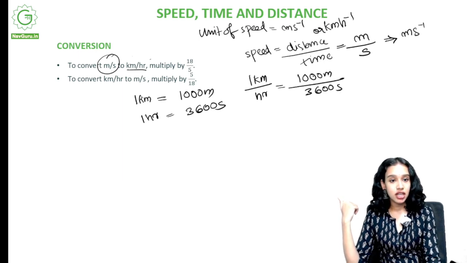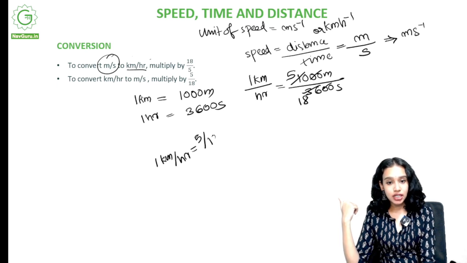Is it clear? Now we could cancel these two out, and dividing by 2 I get 5 and 18 here. So we get that 1 kilometer per hour is equal to 5 by 18 meter per second, right?